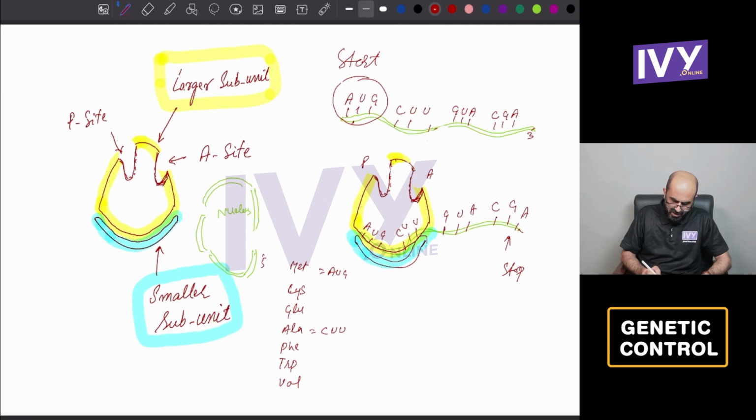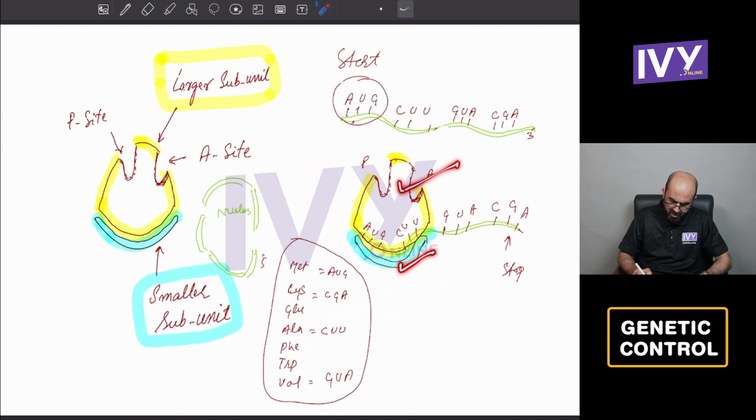And the code for valine, let's suppose, is GUA, and cysteine has the code CGA. So according to this pattern, in the cytoplasm we have these codes specific for the amino acids. Once the ribosome settles on the messenger RNA, with the larger subunit and the smaller subunit sandwiching the messenger RNA inside, two codons are now inside the ribosome.